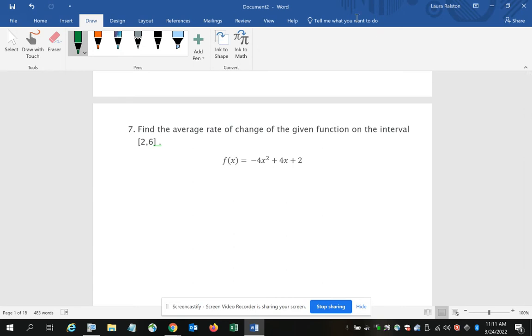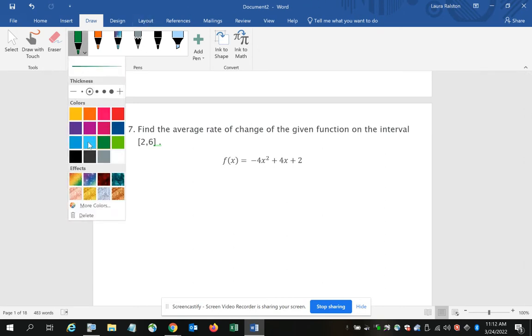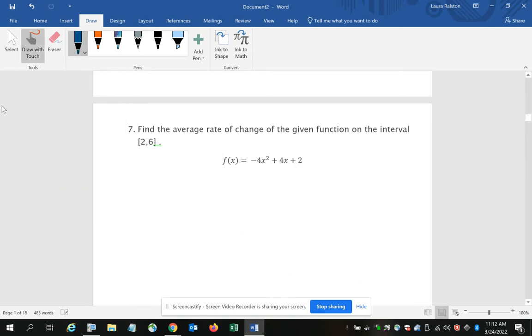All right, question 7 asks you to find the average rate of change for the given function on the interval 2 to 6. Ultimately the average rate of change is similar to the slope. You have to do basically your y2 minus your y1 over x2 minus x1.